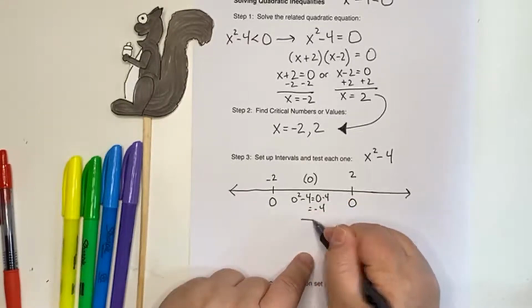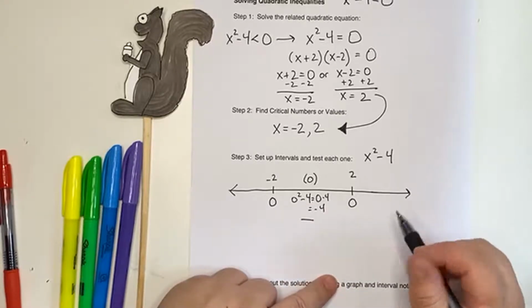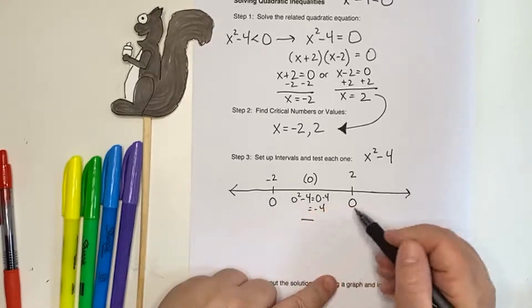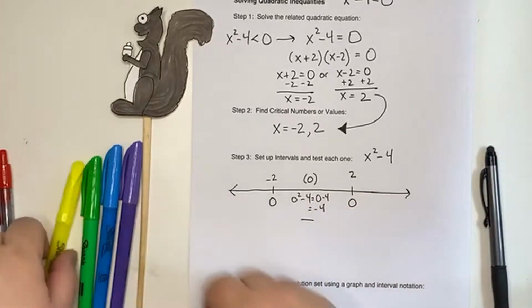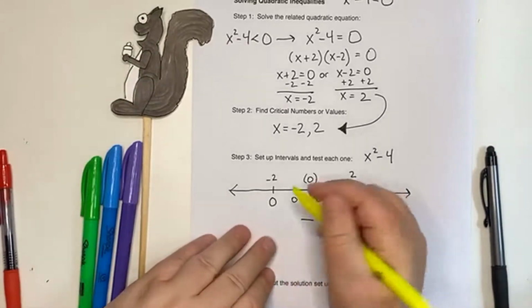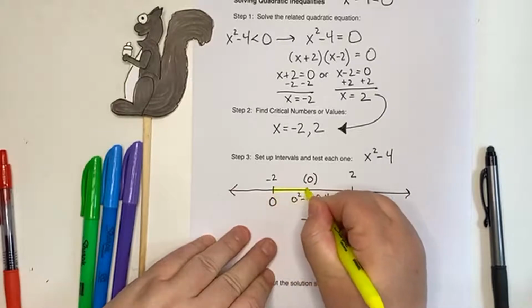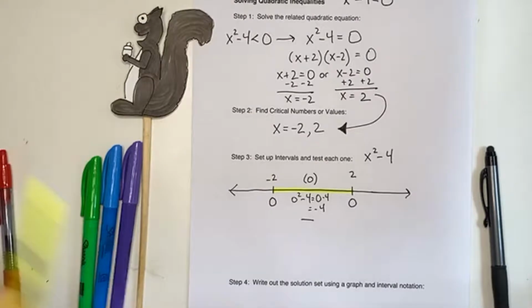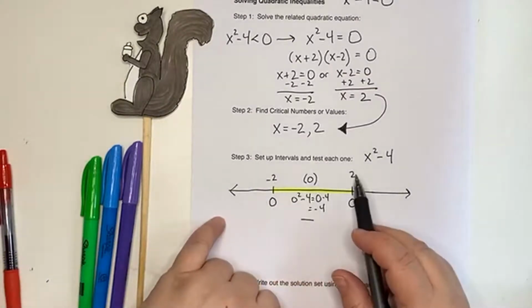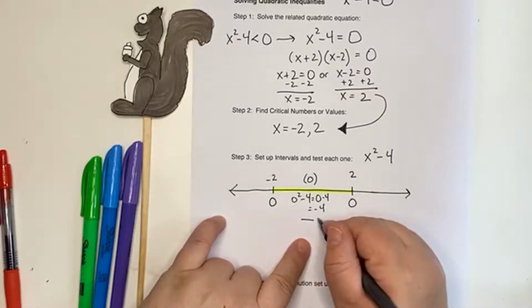So that's negative. Then I know that for this whole interval, let me use yellow. I'm going to go to Smeary Town, unfortunately. I'm trying not to be too smeary. For that whole interval between -2 and 2, this is negative.